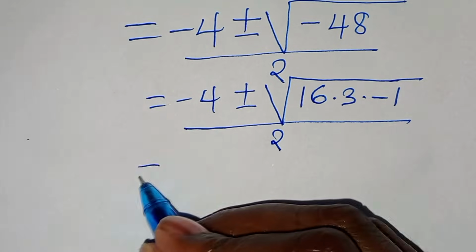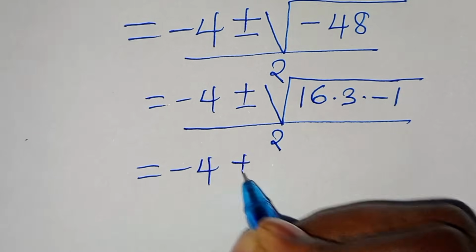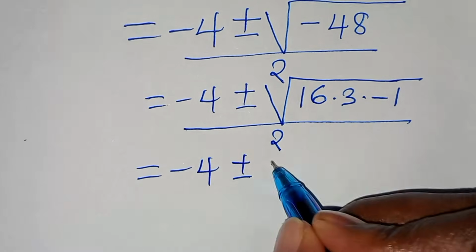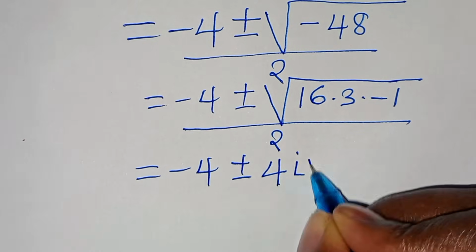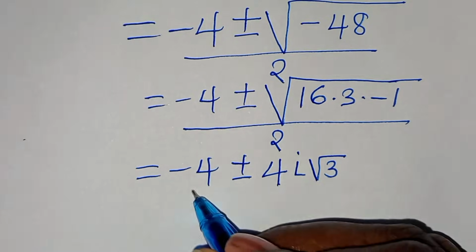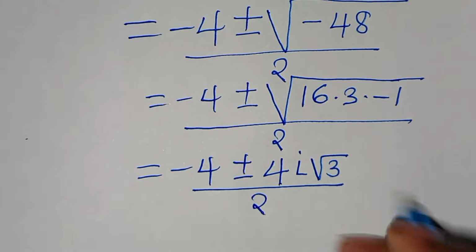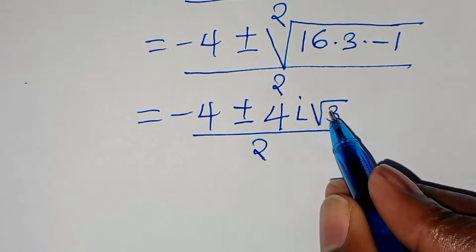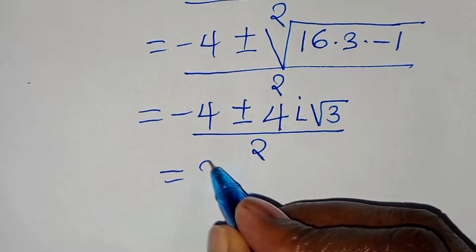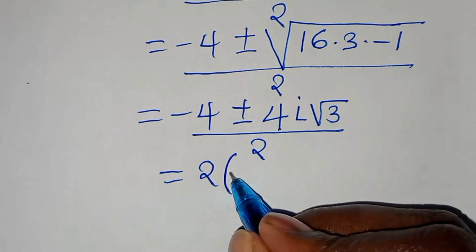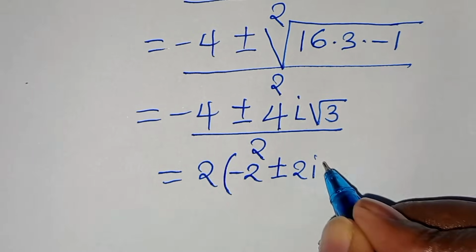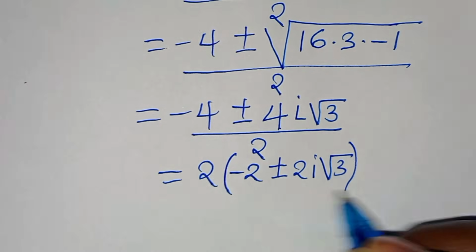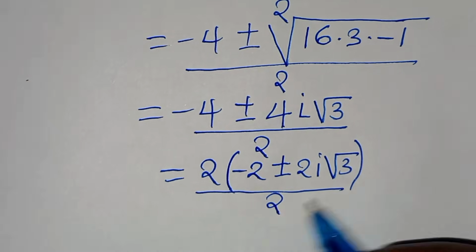So this means that here we have minus 4 plus or minus the square root of 16, this is 4. Square root of minus 1, this is i, then square root of 3. Everything here divided by 2. In the numerator here, we have that 2 is common, so we can factor out 2. So that here we have minus 2 plus or minus 2i square root of 3. Everything here divided by 2.